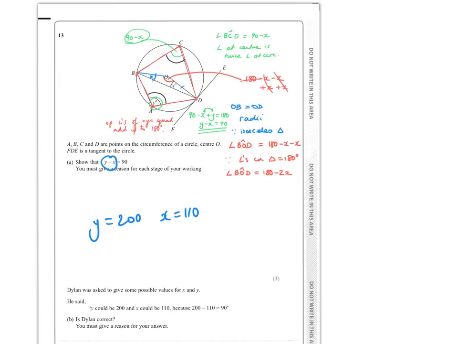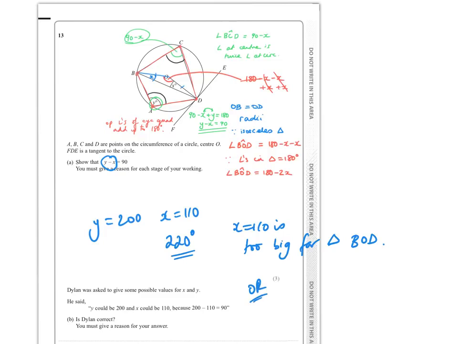Now, if you looked at triangle BOD, then x is very important. If x was 110, then you'd have two base angles, so you'd already have 220 degrees in that triangle. So x equals 110 is too big for triangle BOD, for example.